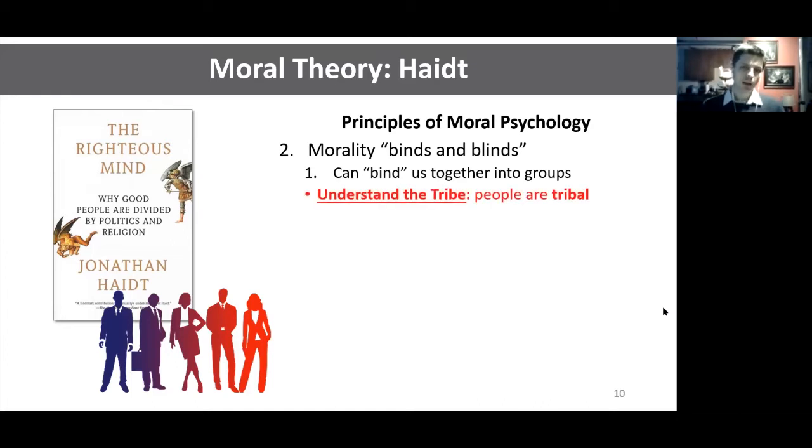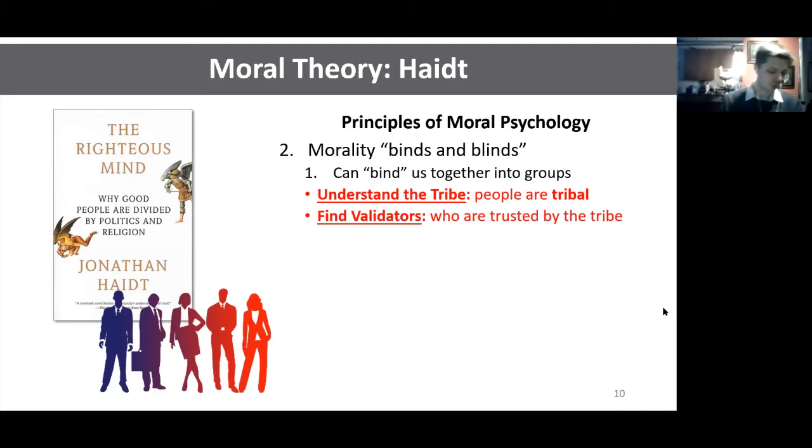So we need to understand the tribe, and we also need to find validators within that tribe. Who are the trusted voices within that tribe who can bring folks along to where we'd like them to be, as opposed to offering voices that you may trust, but they probably are not going to trust very much.